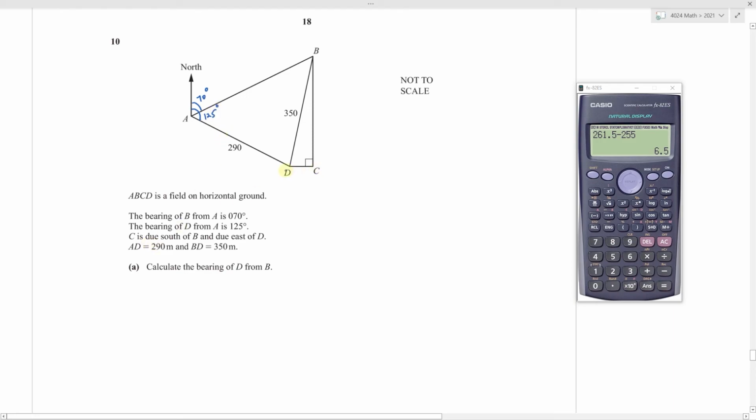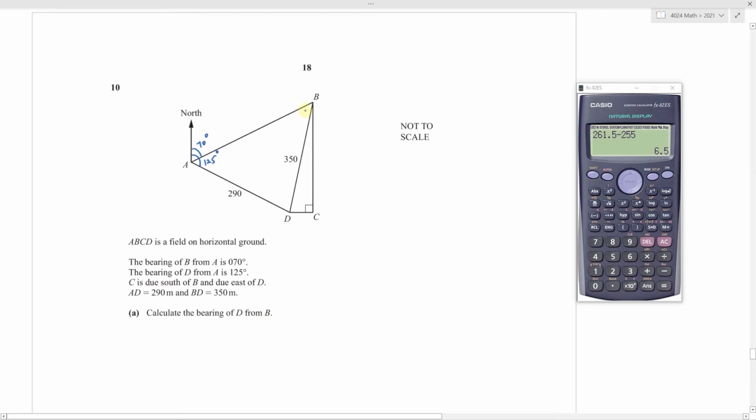C is due south of B, so this is south of B and east of D. That's why there is a 90-degree angle. This is 290 meters, 350 meters. Calculate the bearing of D from B.